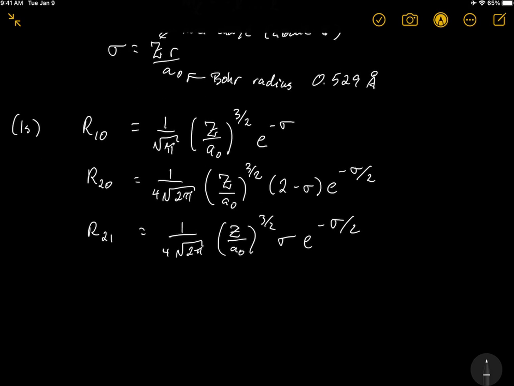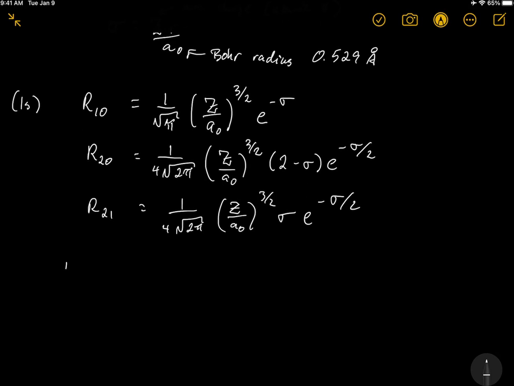Of course, we could just plug them into a plotting program. So when we plot these, we end up with something that looks like this for R10. We have it as a function of little r.